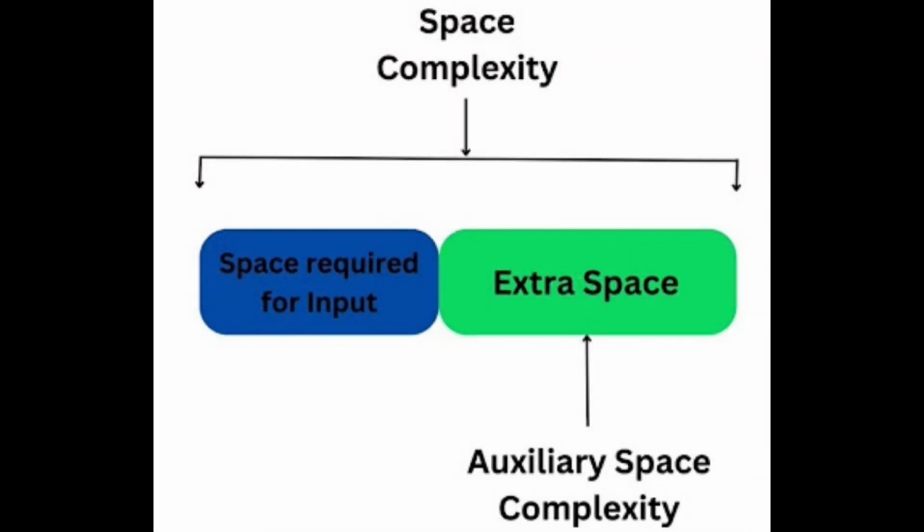In terms of space complexity, we have auxiliary space complexity. The auxiliary space is the extra space or temporary space used by an algorithm, excluding the input data. This is crucial for determining how efficiently an algorithm runs regarding additional memory usage required aside from the input data.